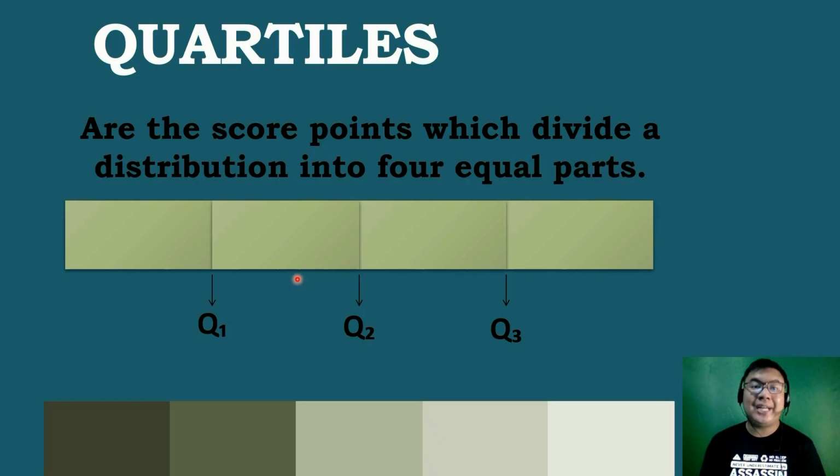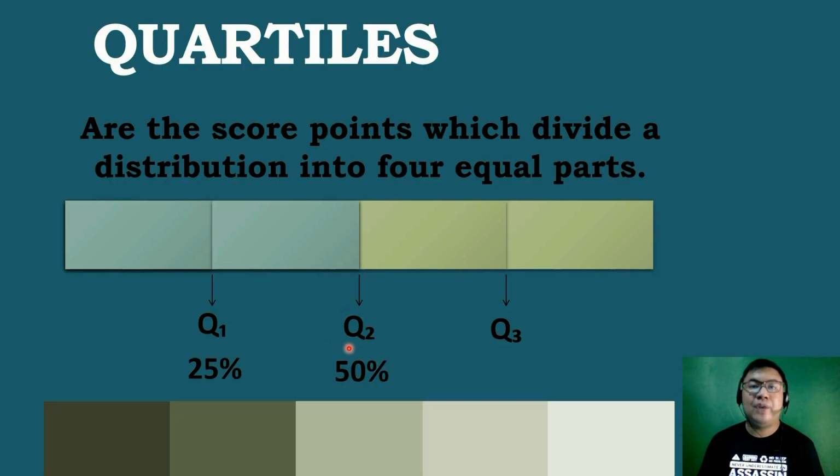We have quartile 1, or also known as the lower quartile, which is equal to 25%, and then quartile 2 is equal to 50%, and quartile 2 is also the median, meaning to say they are the same.